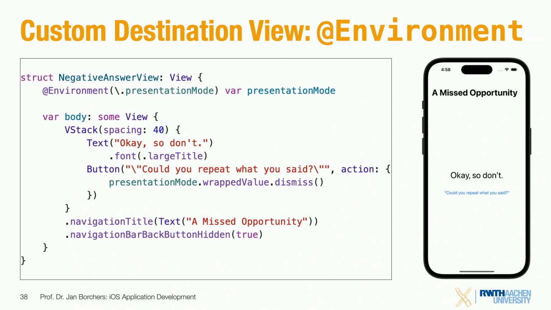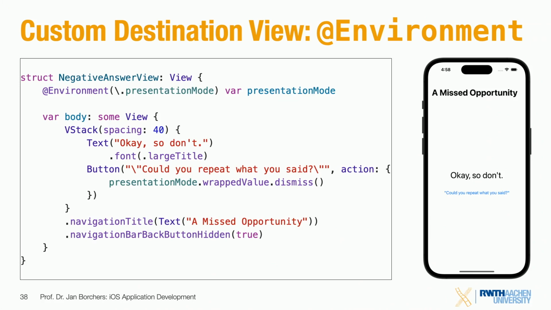If you want to get a little more fancy, and that's what we do with our second destination, we can not display this automatically generated button up here, right? Because maybe we decide that's not the right way to navigate this because we want to have another way for the user to go back, like with this button down here. So if we do that, then what we need to provide is basically a way to return, which is this button that says, could you repeat what you just said?